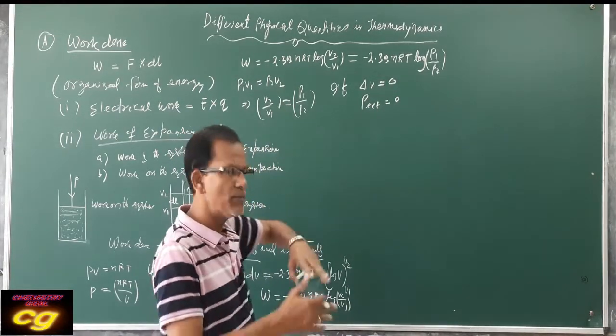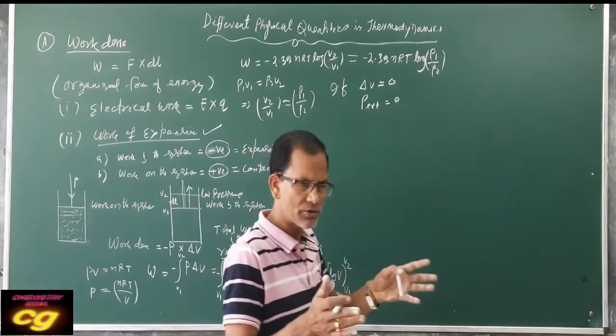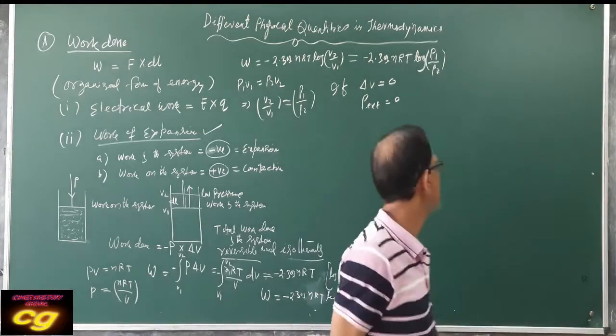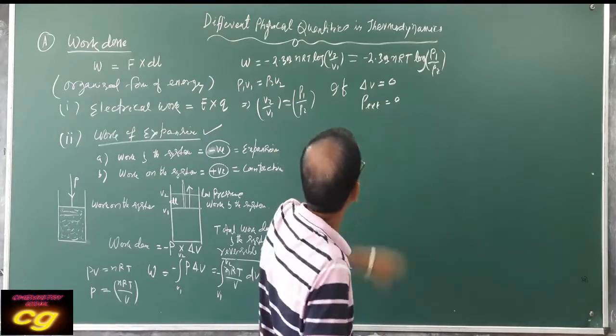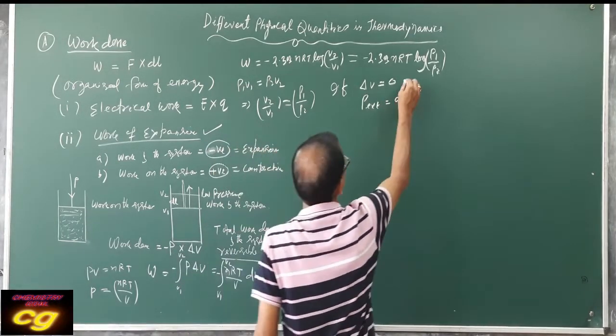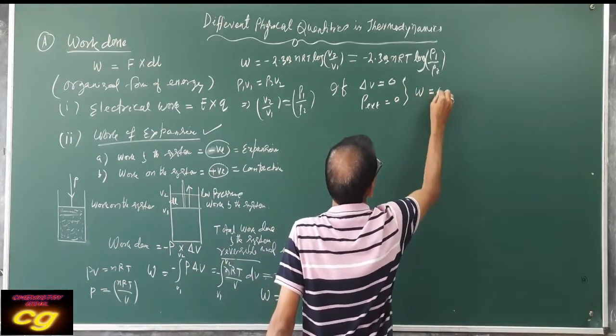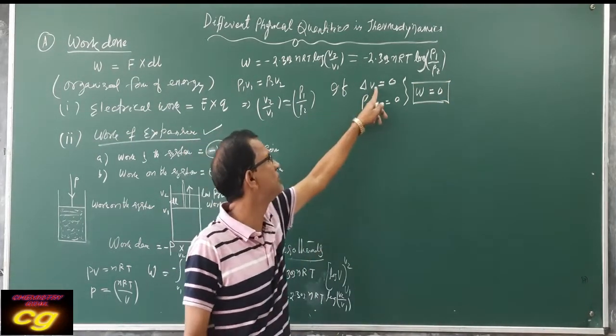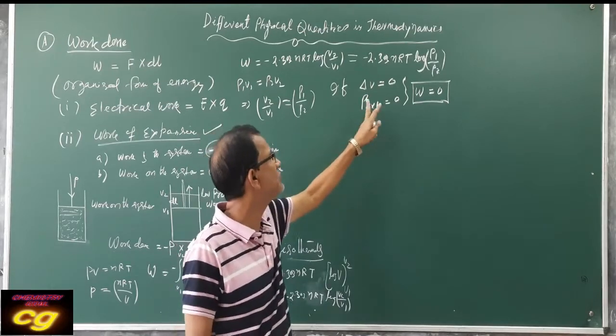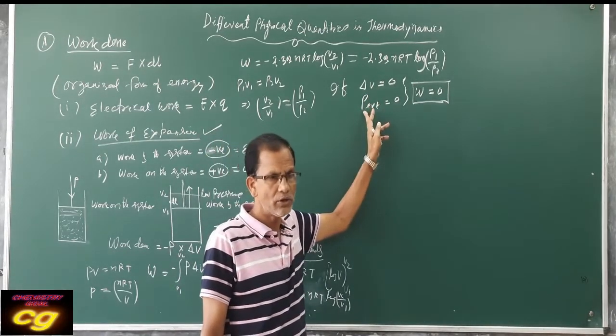The system is considered in a vacuum, there is no pressure. So external pressure P is taken as 0. So in both cases W is equal to 0. That means no work will be done when there is no change in volume or there is no external pressure.